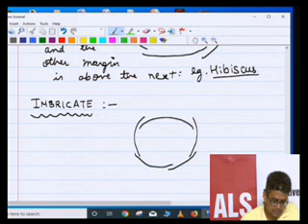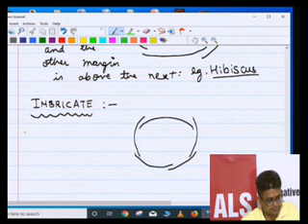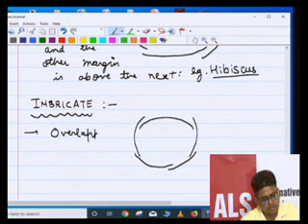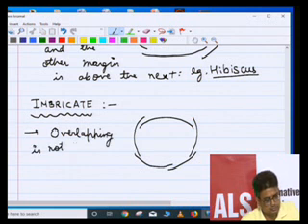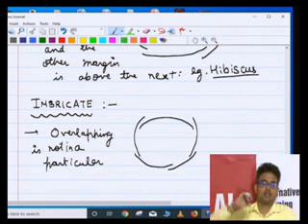So you can say that margins overlap each other, but not in a particular direction. The overlapping is not in a particular direction. One goes clockwise, one goes anti-clockwise.